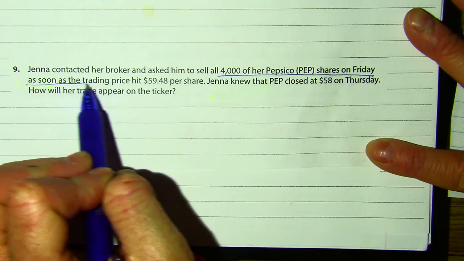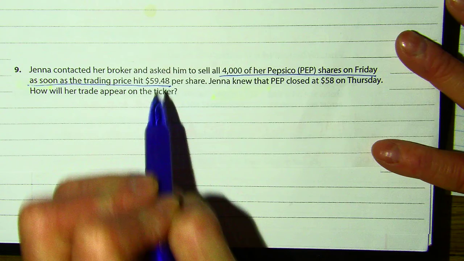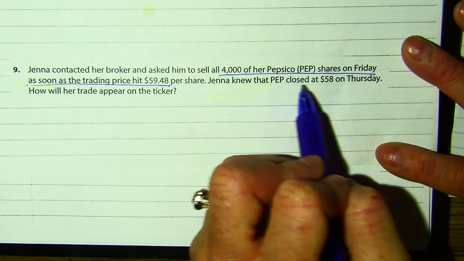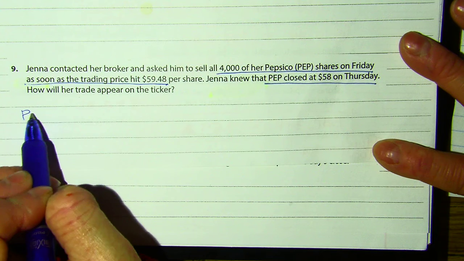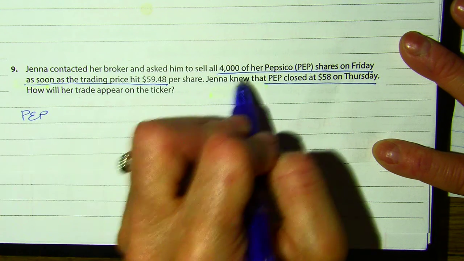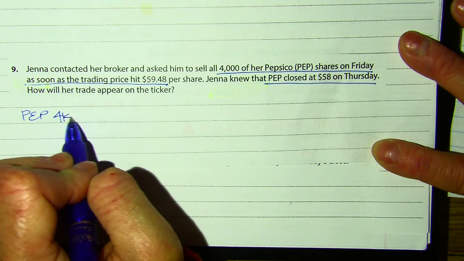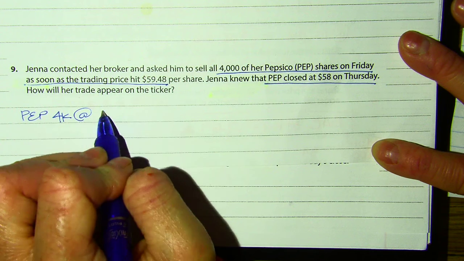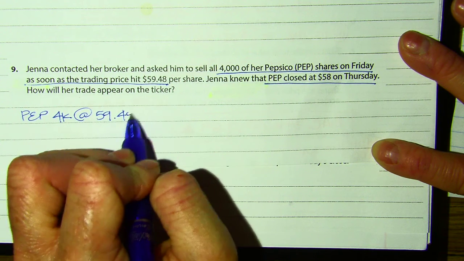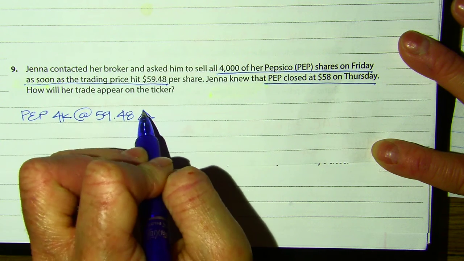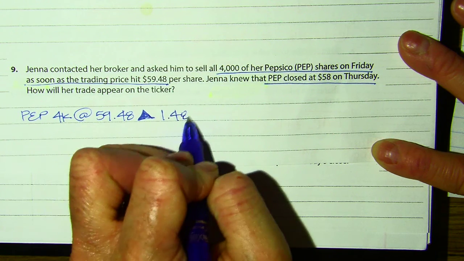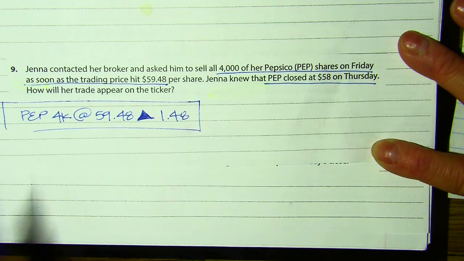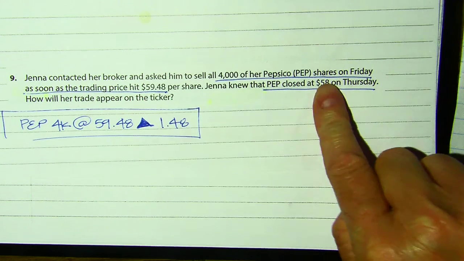As soon as the trading price hit $59.48, she knew that the day before it was $58. So PEP, 4,000 would be 4K. Today it sold for $59.48, which is an increase of $1.48 from yesterday, right? $59.48 minus 58 is $1.48.